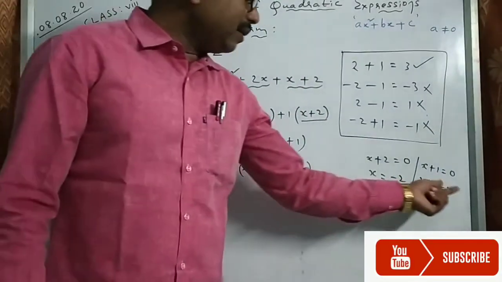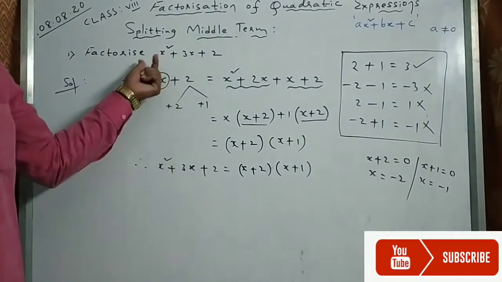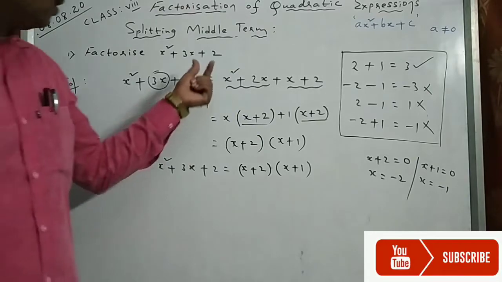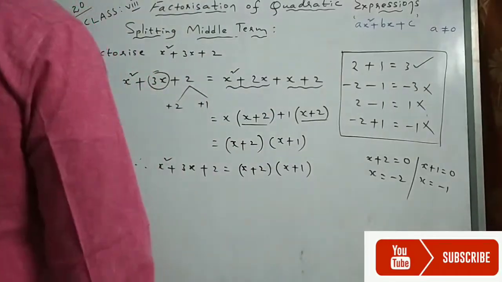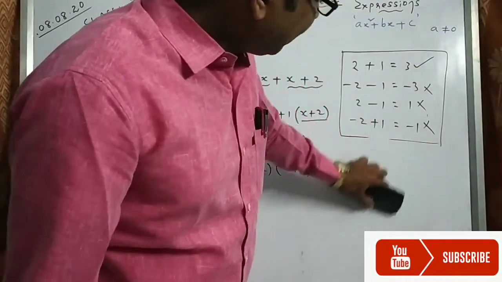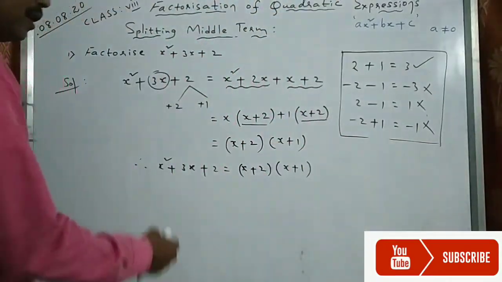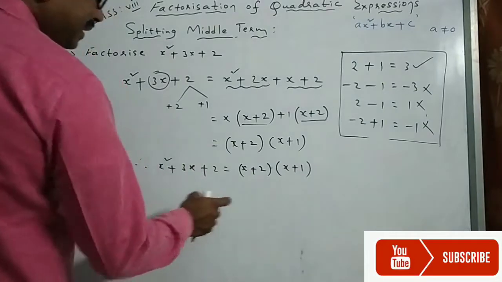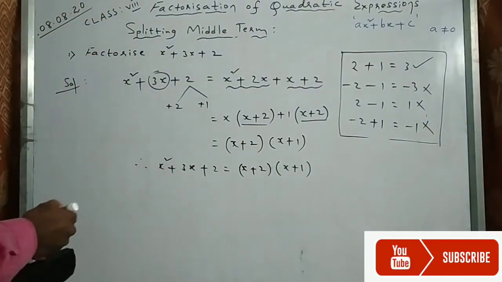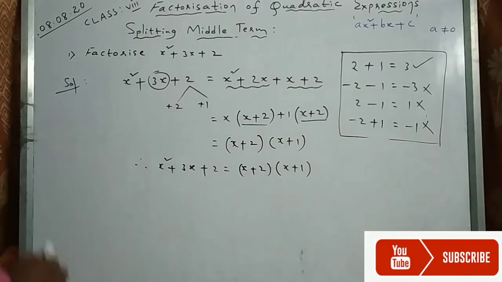So minus 2 and minus 1 are called roots of this quadratic expression. Got it? Since we are now taking factorization, we need not take equal to 0, just the factors are enough. x plus 2 and x plus 1 are factors of that quadratic expression.